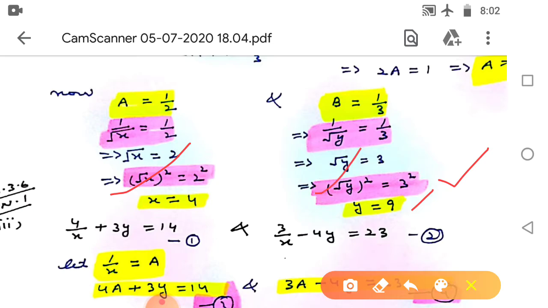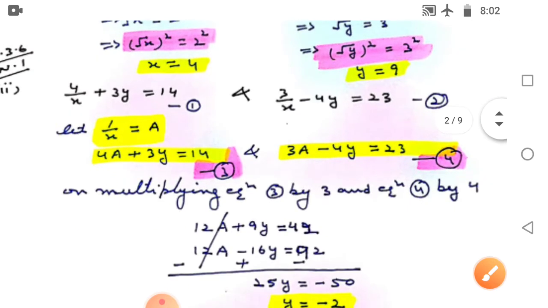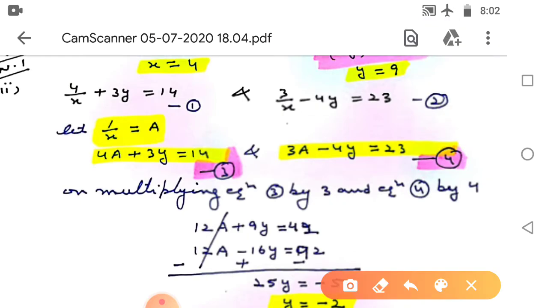Now come to third part. Okay, and the third part is 4 upon x plus 3y is equal to 14, and 3 upon x minus 4y is equal to 23. So here let 1 upon x is equal to a. So equation is 4a plus 3y is equal to 14, 3a minus 4y is equal to 23. Clear?